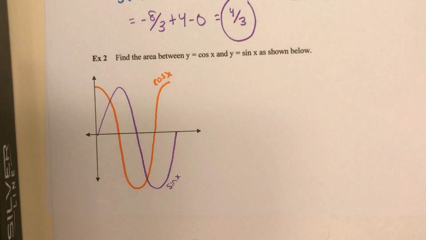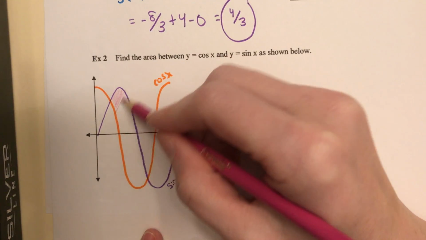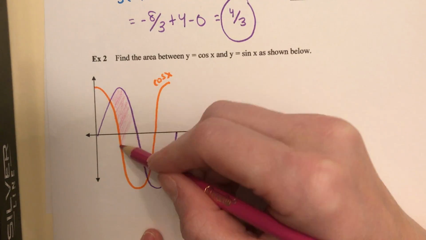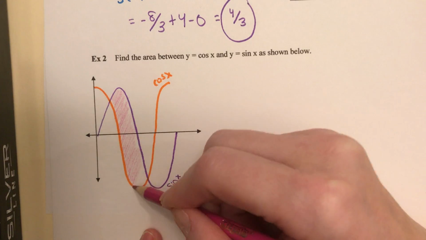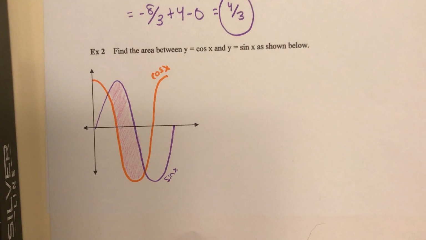And I'm just going to do the area that we can see there of that first region right here. So I'm going to shade that in. Okay, so we have to think about this.